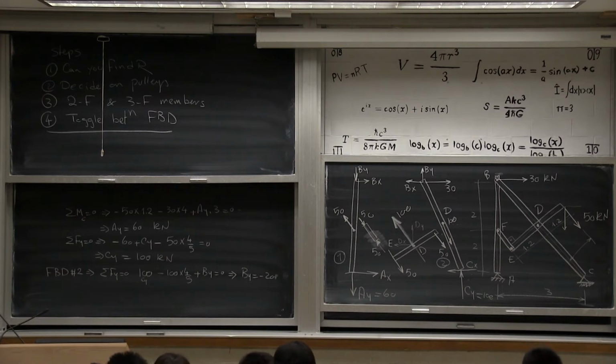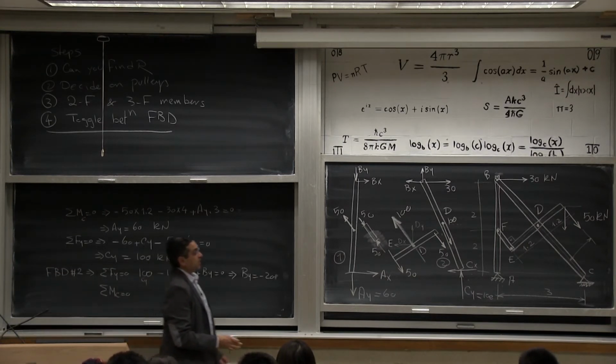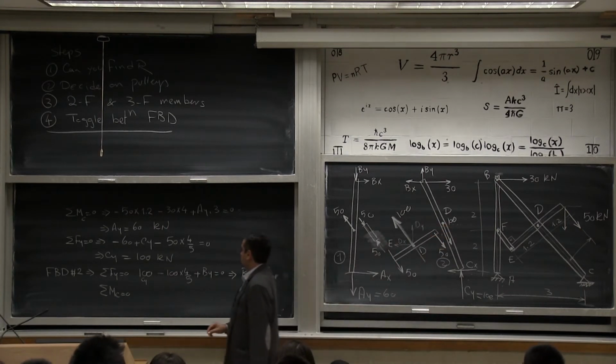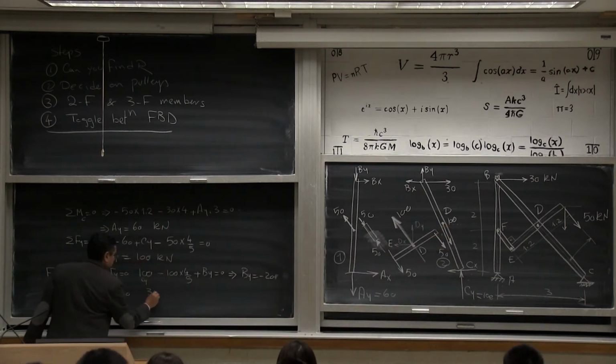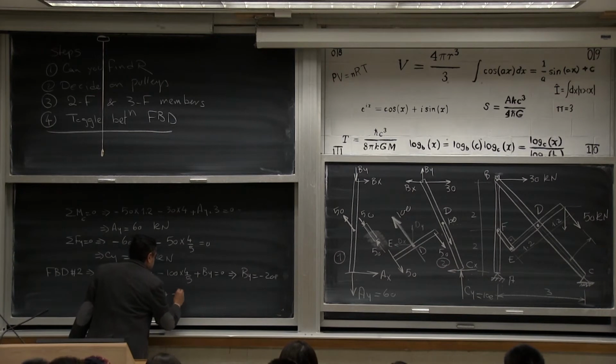So to find Bx, I'll say sigma MC equals 0. That will eliminate Cx, Cy, and this 100. So I'll say 30 by 4, and this is negative, minus Bx by 4.